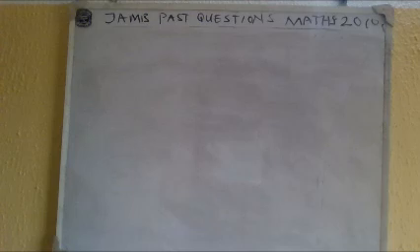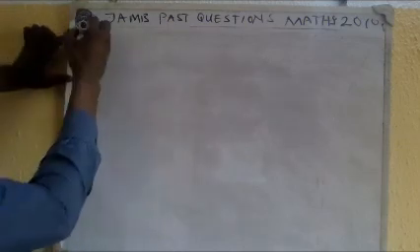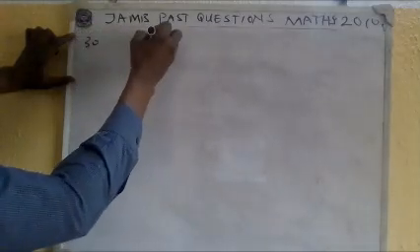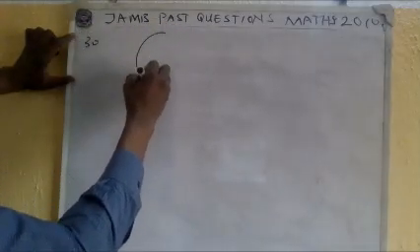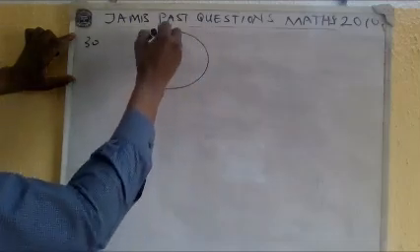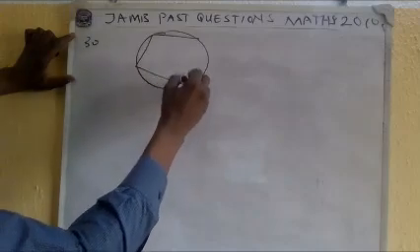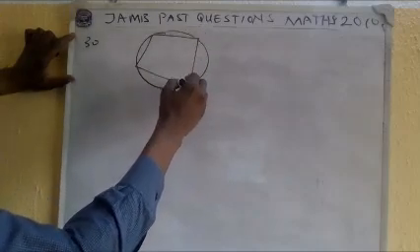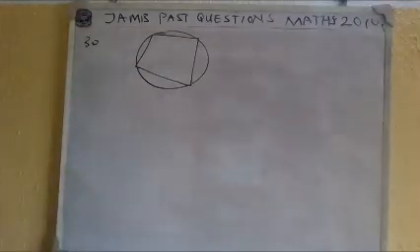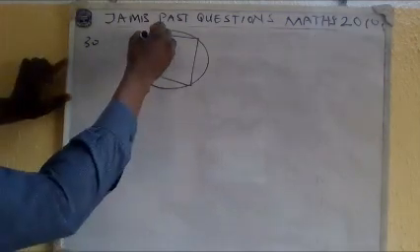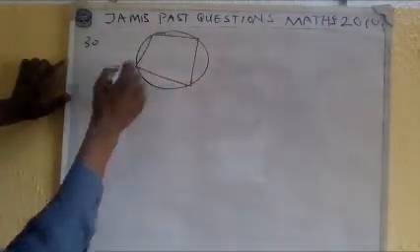Today, we'll be continuing our JAMB Past Questions Mathematics. Our sampling year is 2010. Number 30 says if you have a cyclic quadrilateral like this, actually it's a circle and there's a quadrilateral inside where each vertex touches the circumference of the circle.